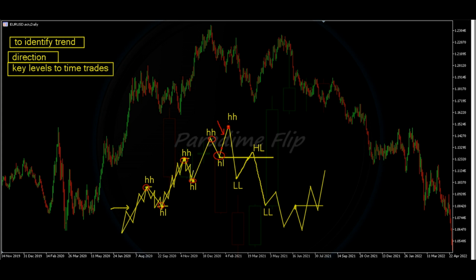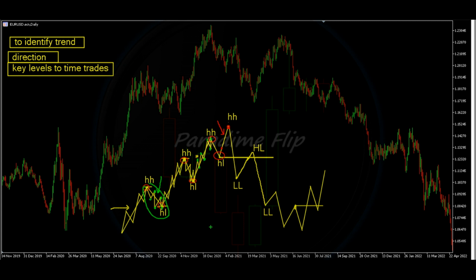So within an uptrend, we will also find that the market makes a series of higher highs on a smaller scale, and higher lows, to a lesser degree. And as we're pulling back, this is deemed as a downtrend on a lower time frame, making a sequence of lower lows and lower highs.